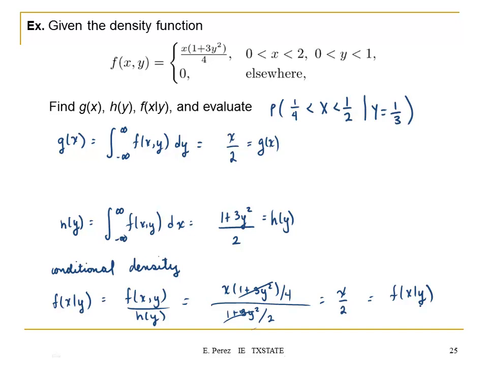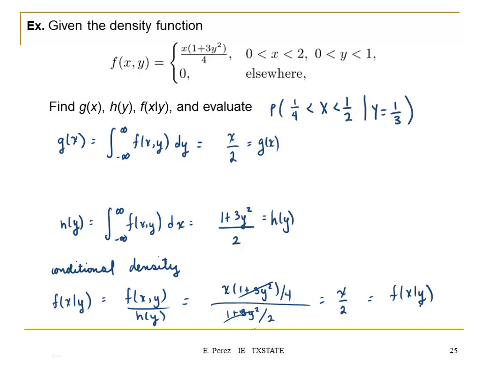So the question is, you look at the marginal for x, look at the marginal of y, and when you look at the conditional probability, you get the marginal of x. Correct. Yes. So they're independent. They don't affect the outcome of the other. Okay, so is that clear?